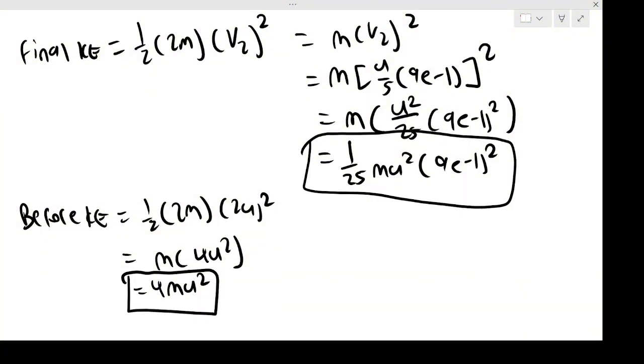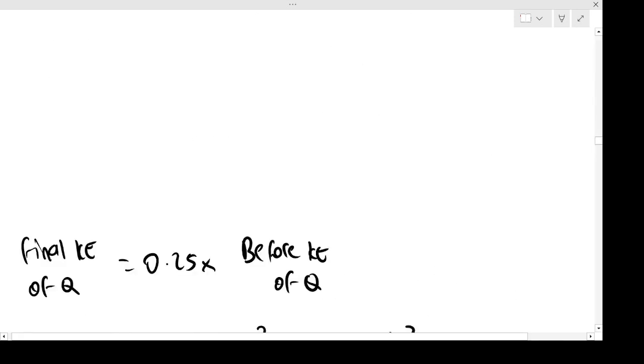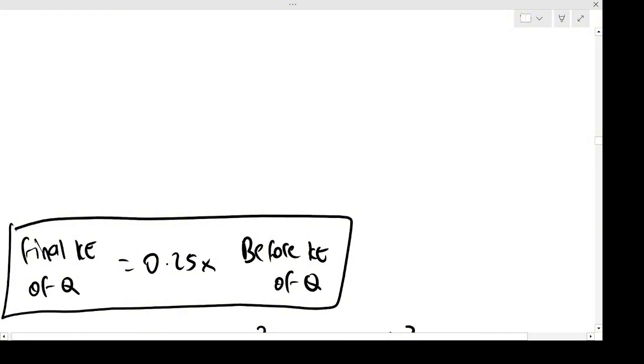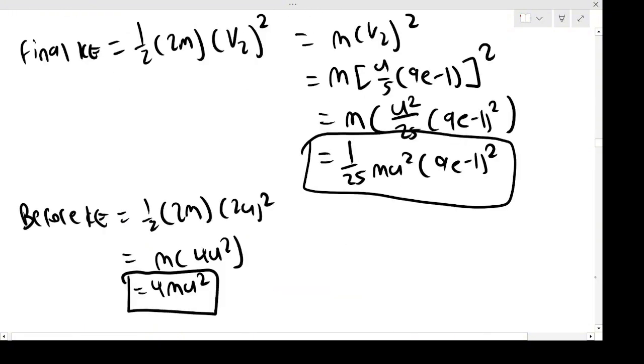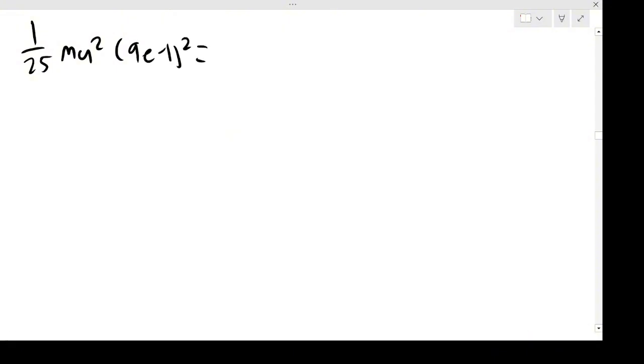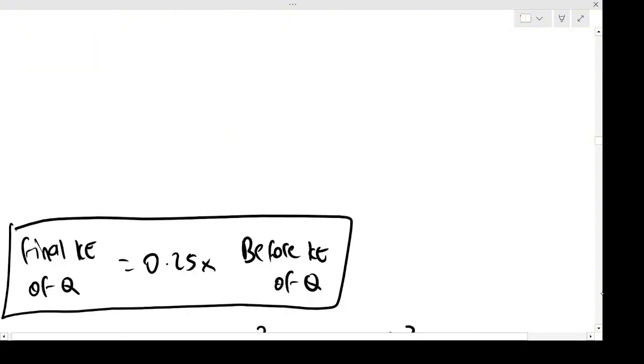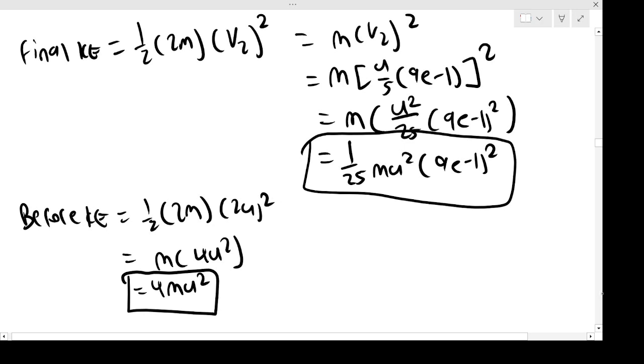Okay, so now I've got my expressions for the before and after kinetic energy, so I can now effectively substitute into this equation we got here, right? So therefore the final kinetic energy, which was this 1 over 25 mu squared lots of 9e minus 1 squared, that's going to be 0.25 lots of the before kinetic energy.